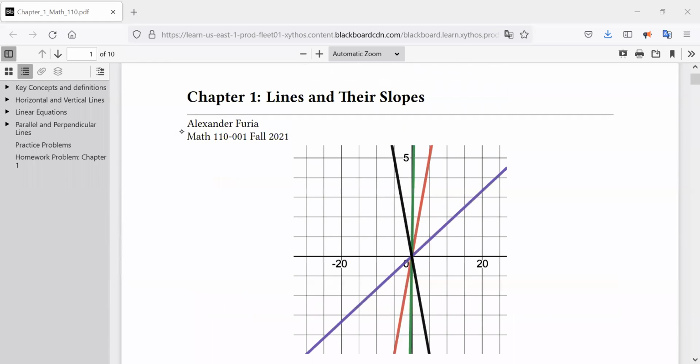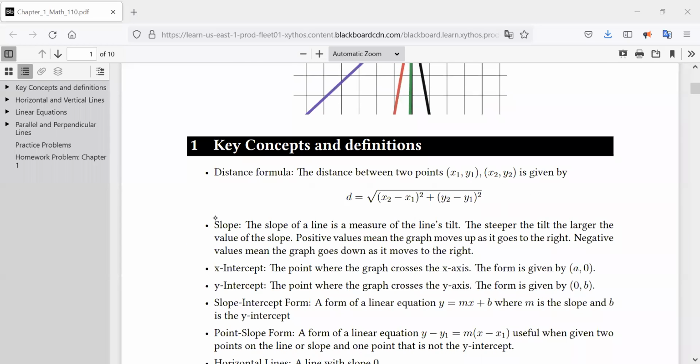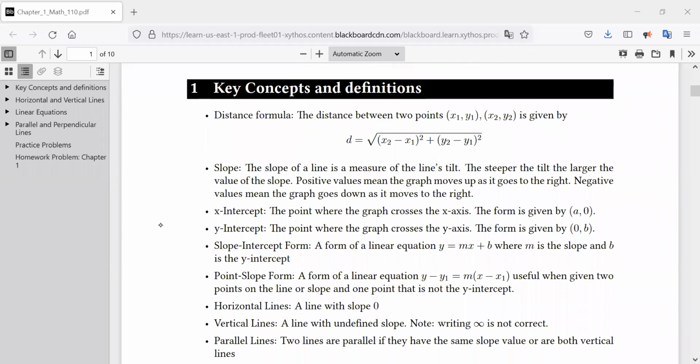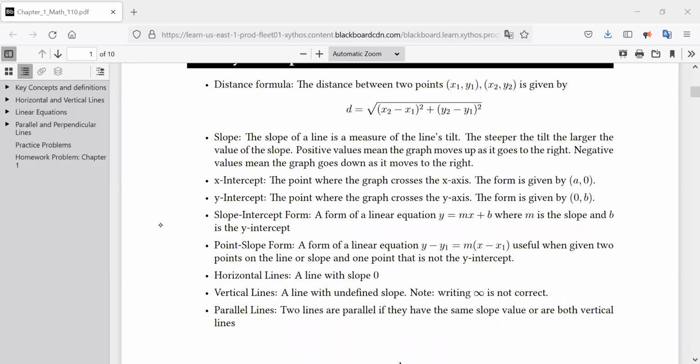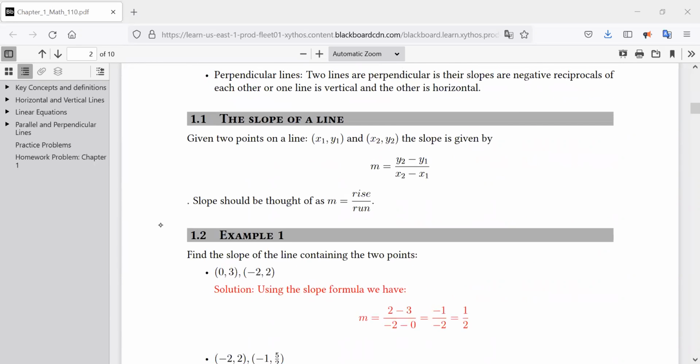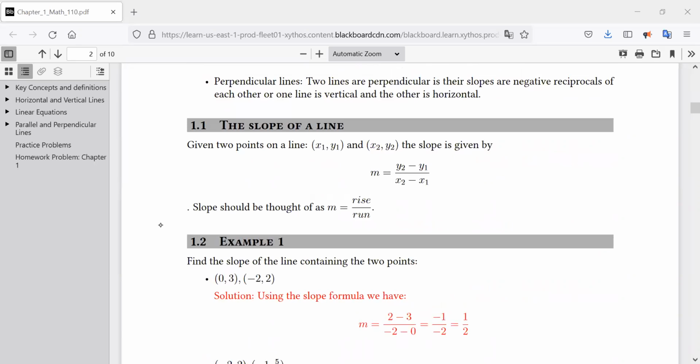Cool. So today we're just going to go over lines and slopes. Here's a nice little list of the key concepts. Most of you probably remember or have at least seen this definition for how you can figure out the slope of a line, right?